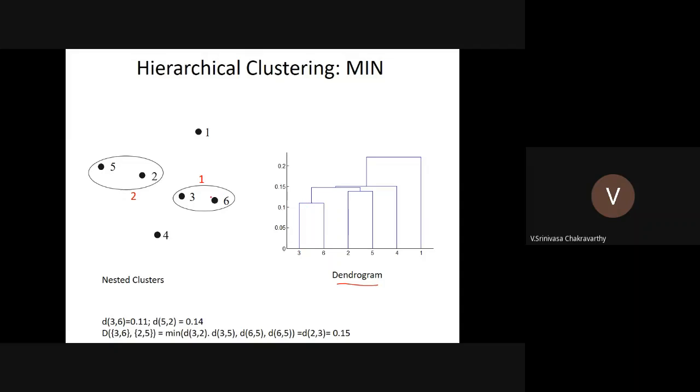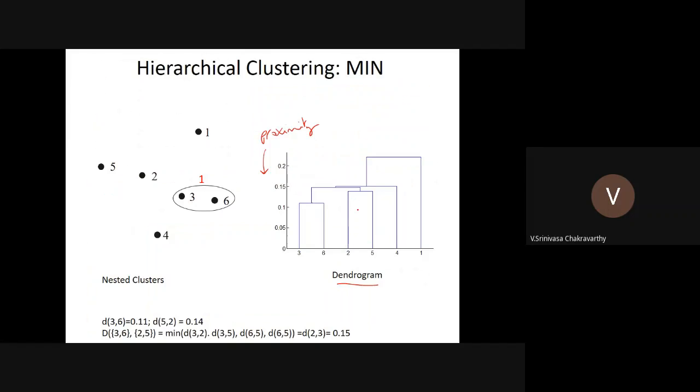So the merger of 3 and 6 happens. When you merge 3 and 6, you know that the proximity between the two is 0.11. So the y-axis is the proximity. Then 2 and 5, the proximity is 0.14, so these two are merged.